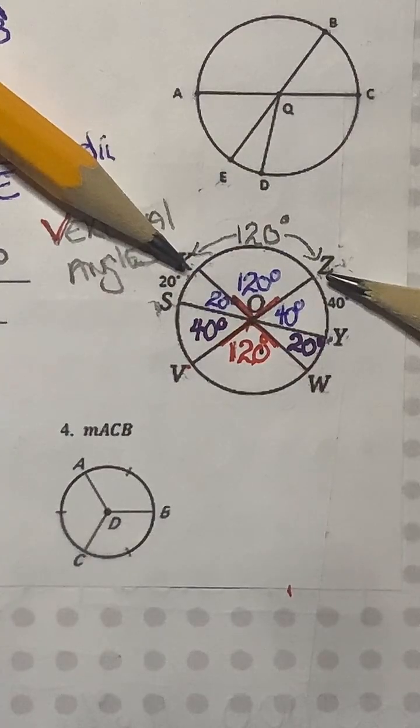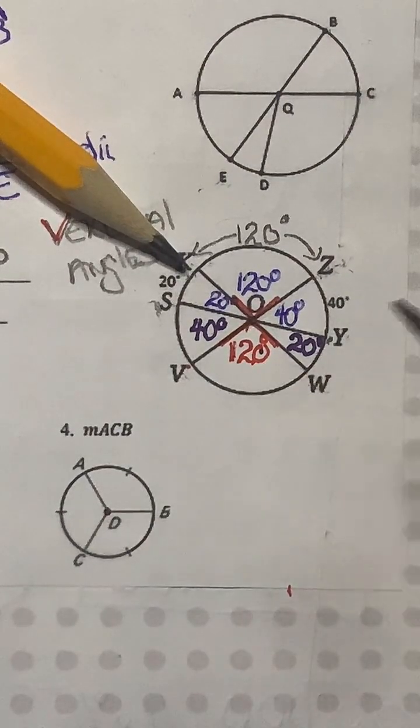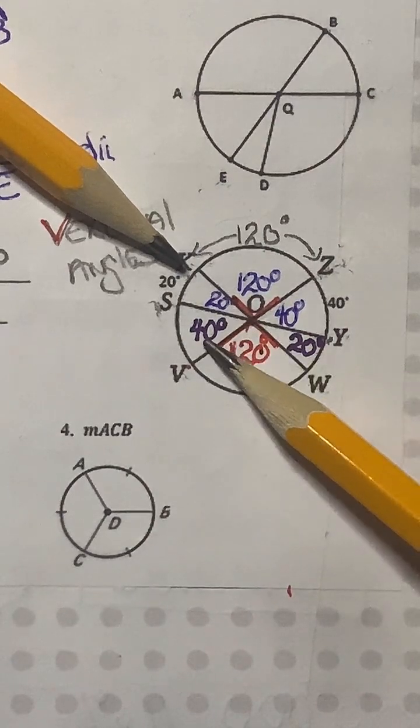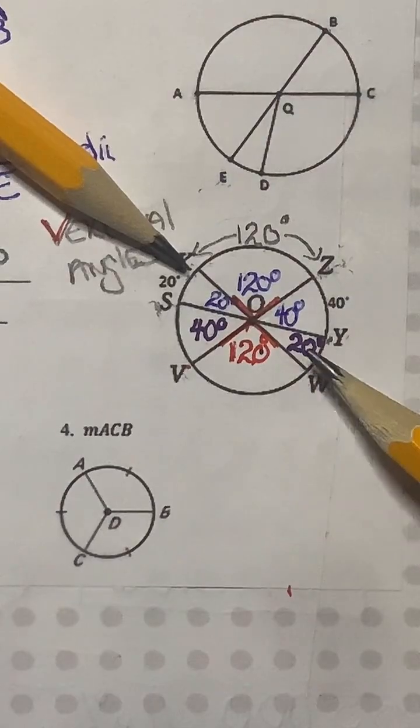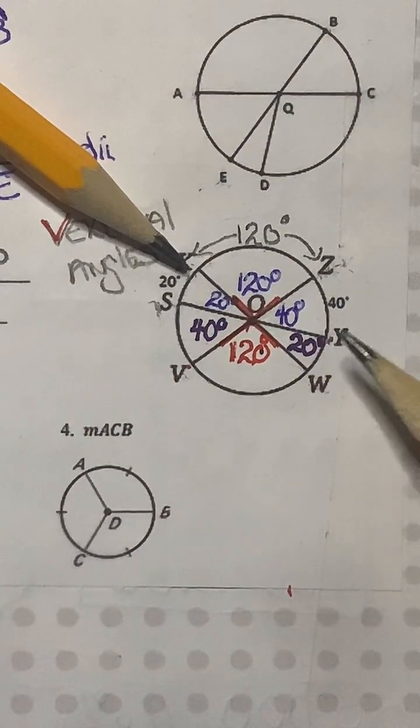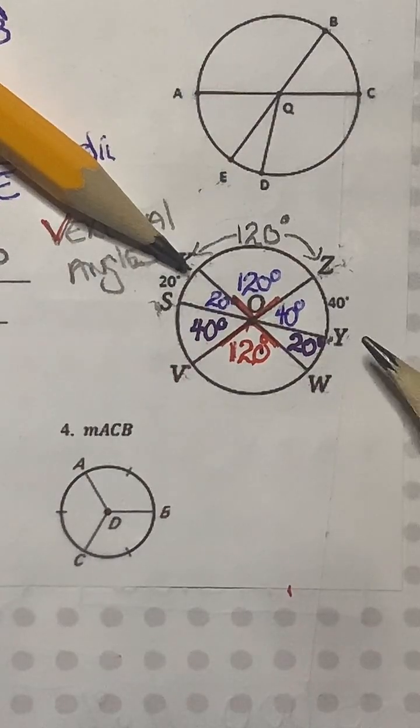Okay. You can take this approach one of two ways. That's the 8th graders now. Awesome. Okay. You can either add 220, 40, 120, 20, and 40. If you want to do it that way, you can do it that way. I'm not going to stop you.